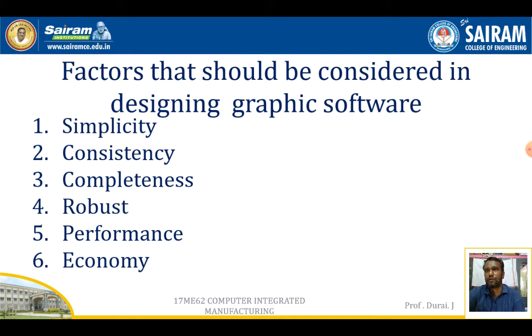Then comes the robust. The graphics system should be tolerant of minor instances of misuse by the operator. Due to an unavoidable situation, if you made some mistake, what happens, the complete software will be closed.